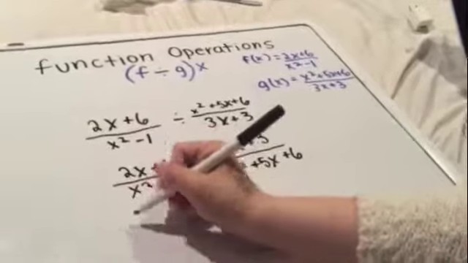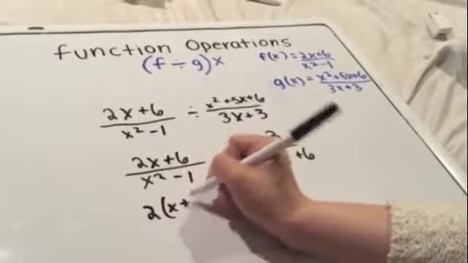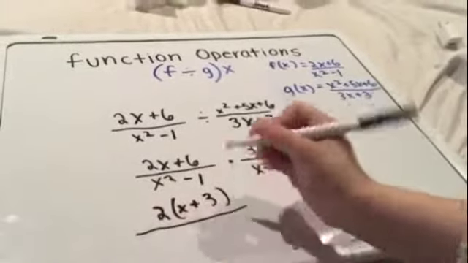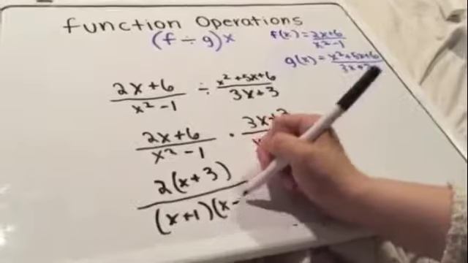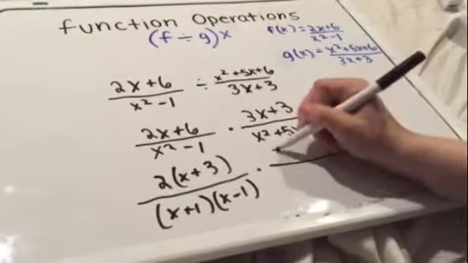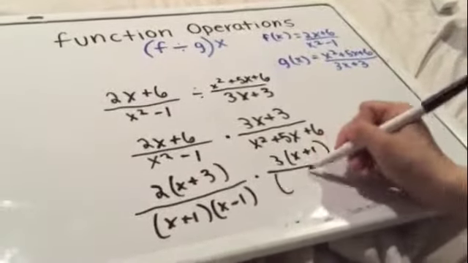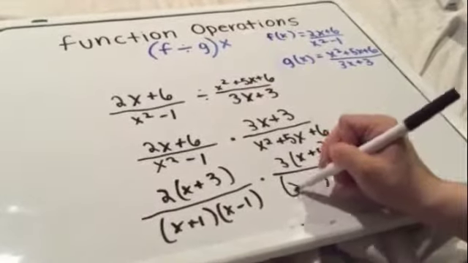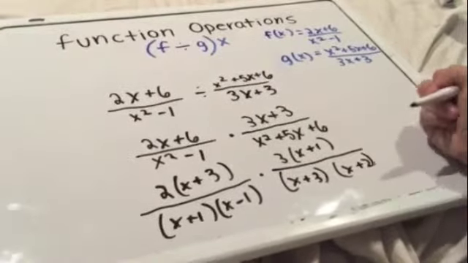We'll keep 2, and then we can factor out x plus 3 over, we can factor the bottom, x plus 1 and x minus 1. Now we're going to check if we can factor the other side. We can. 3 times x plus 1 over, and when you factor the bottom, you'll get x plus 3 and x plus 2.